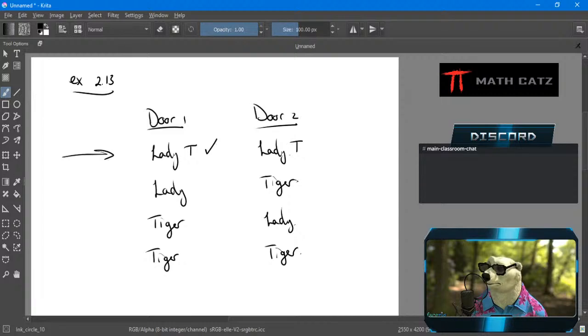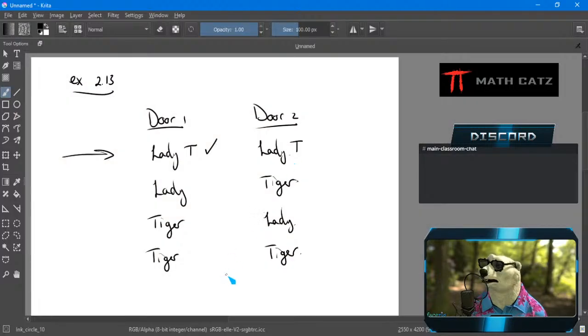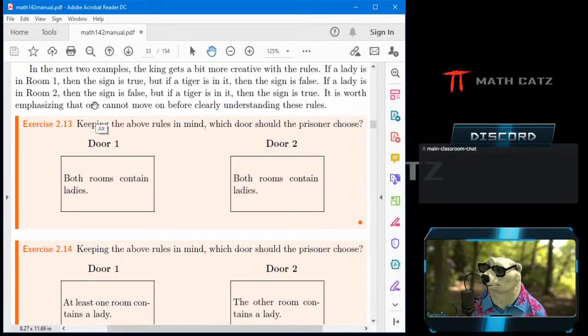I move on to door 2 because the king says something different about door 2. If a lady is in room 2, then the sign should be false. And if a tiger is in it, the sign should be true. So it's flipped around. Now I have a lady in room 2. I found true, but the king says it should be false.